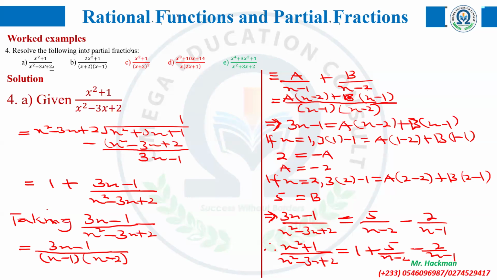This is a constant polynomial. Then plus your proper rational function. Then come and take your proper rational function and resolve it, which we are all experts at now. Resolve it as you did in your conclusion, attach it to the quotient, and that will be your final answer, as simple as that.